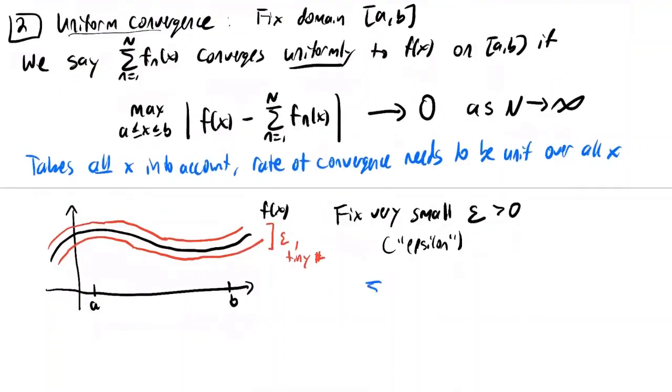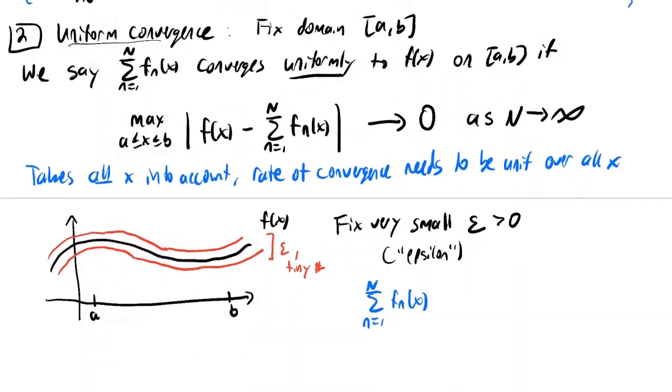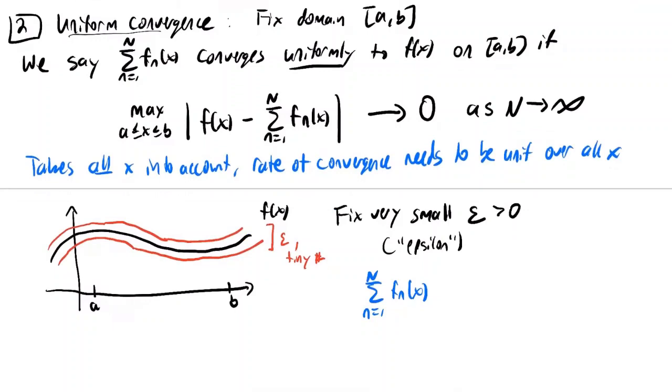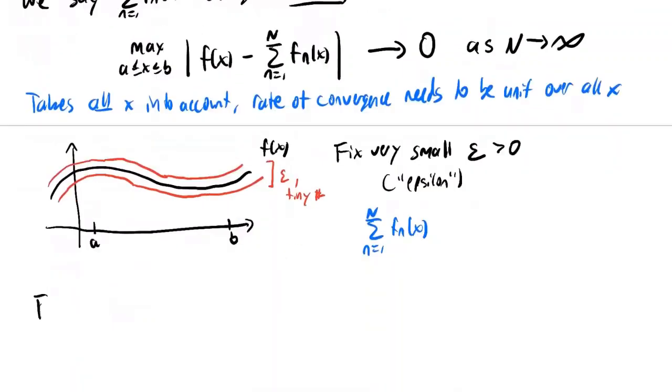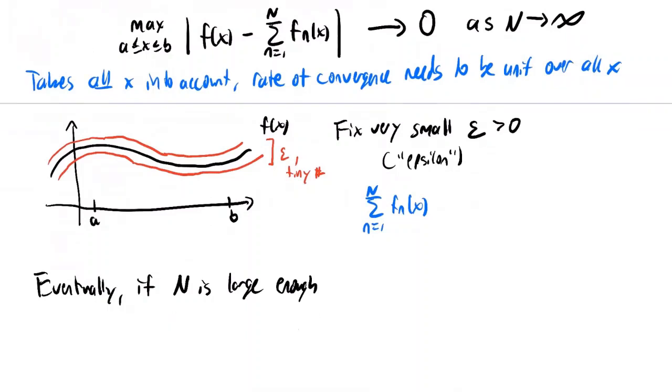Well, if I consider my partial sums, what does this mean? It means that eventually, if n is large enough, what does it mean that the maximum of this difference converges to 0? In particular, the maximum of the difference has to be smaller than this number epsilon, which I fixed.